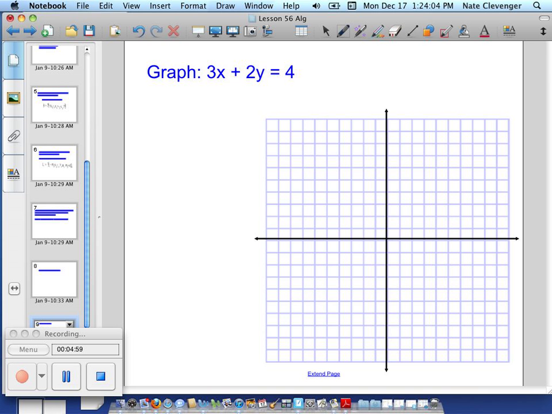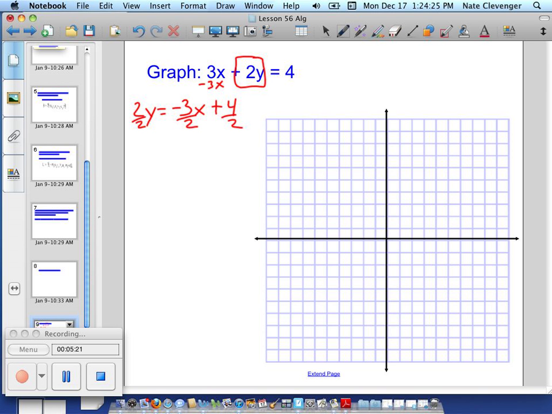So we need to get 2y by itself, so I need to subtract 3x from both sides. So I'm going to rewrite this as 2y equals negative 3x plus 4, just because you need to get used to seeing that term with x first to the right of the equal sign. Then we divide by 2 on each part.